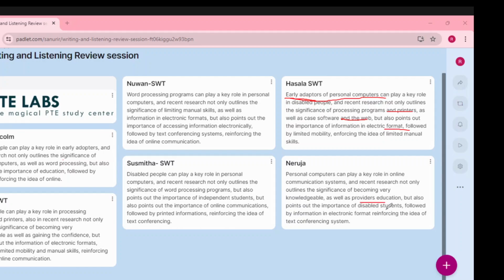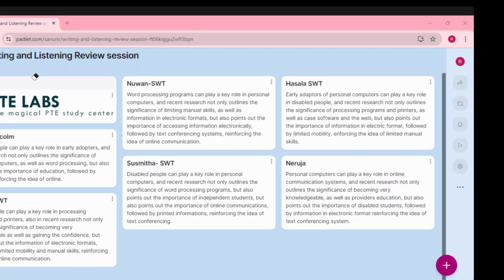Providers education, that you have to think again, Neruja. But also points out the importance of disabled students, correct, followed by information in electronic formats. This has to be in plural form, reinforcing the idea of text conferencing systems. Okay, Neruja, work on those mistakes. Got my point? Yeah. All right.